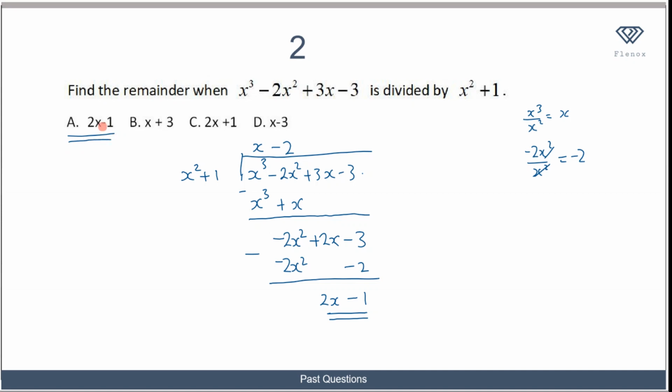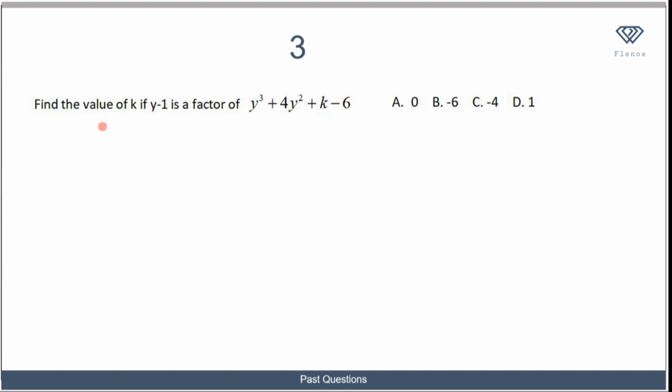Now let's move on to another example, and here we are told to find the value of k if y minus 1 is a factor of y cubed plus 4y squared plus k minus 6. So now we are given one of the factors.